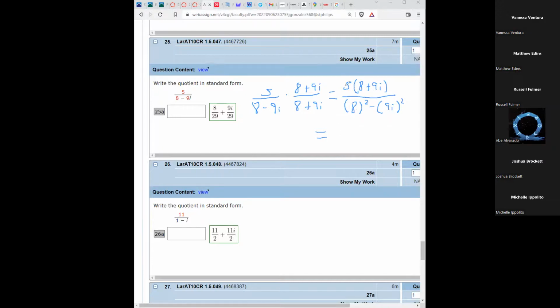So the top will be 5 times 8. Five times 9. Eight squared. 9I squared.